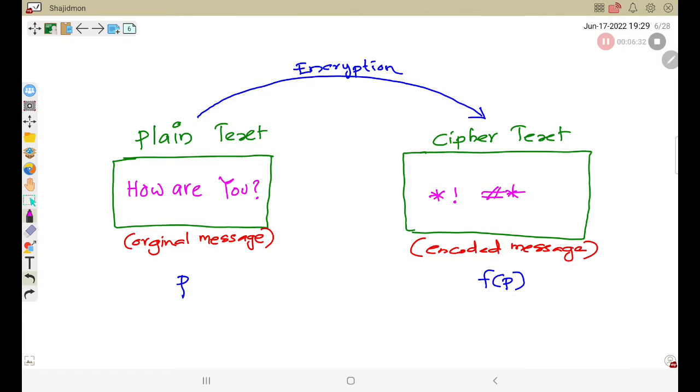Now from the encoded message we need to return back to the original message, correct?